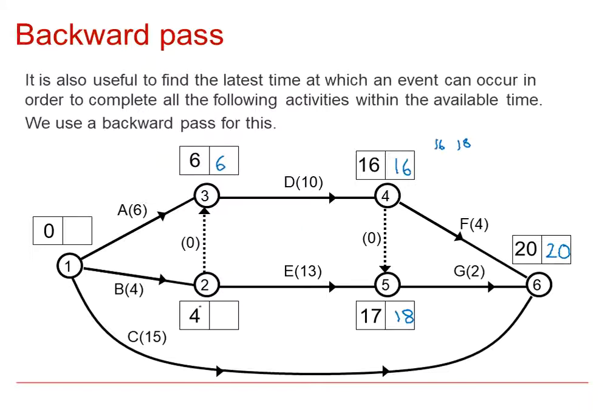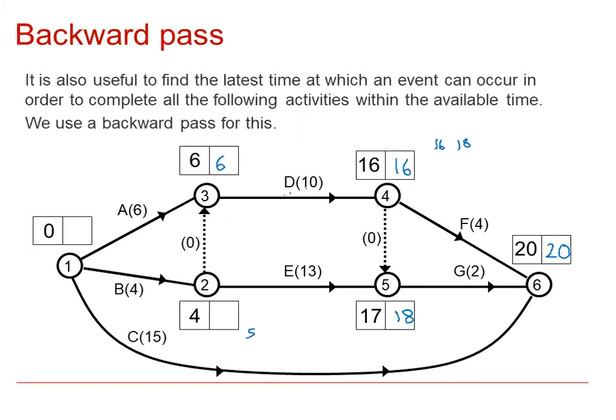So now we're looking at this event here at node 2. So this is the event, the latest time we can switch over to start doing E and, because of the dummy, D. So the latest I could start E would be 18, its latest finish time, take away its duration 13, so that would give me 5.